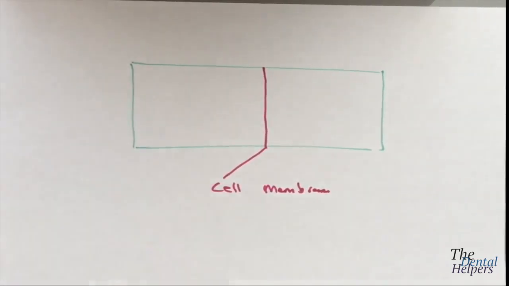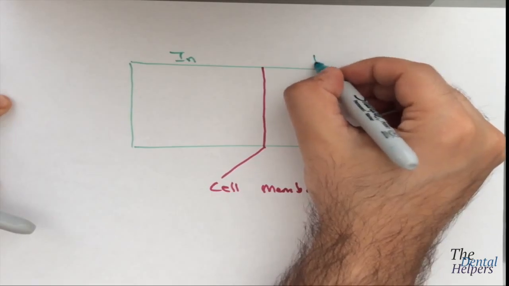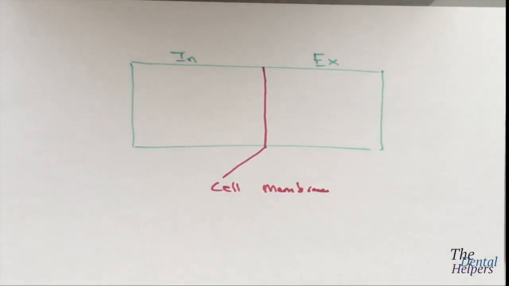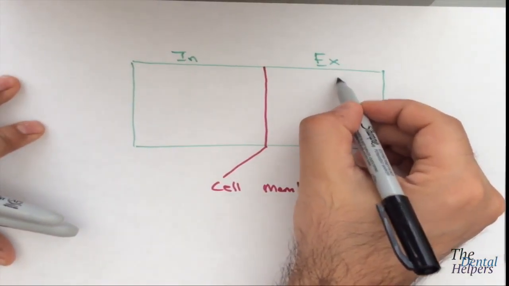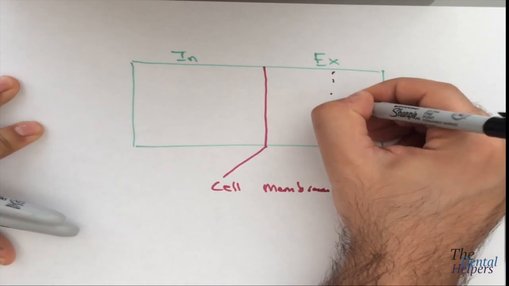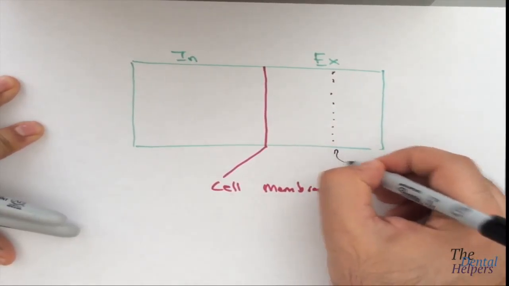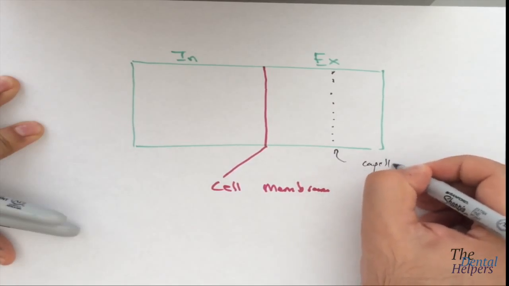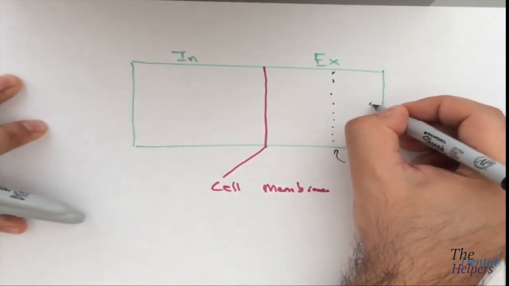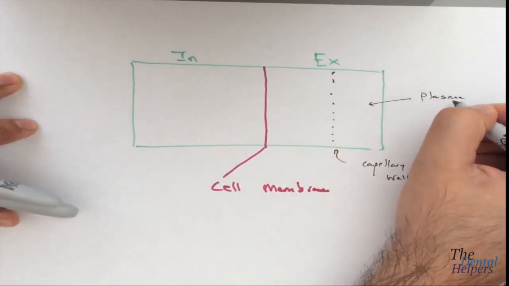And on the left side, this is the intracellular, and on the right side is the extracellular. And we also have a capillary wall. And here's the plasma membrane, or the plasma itself.